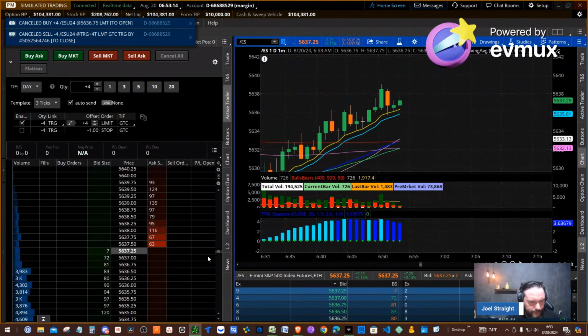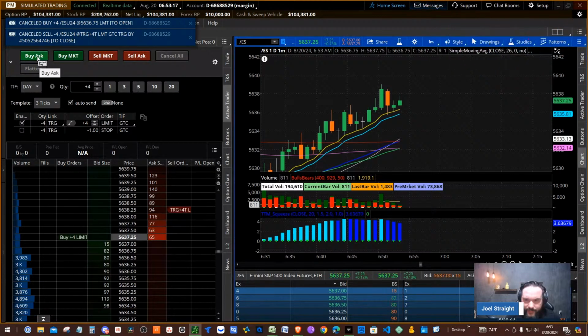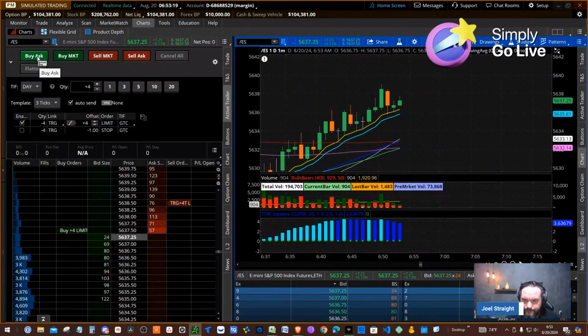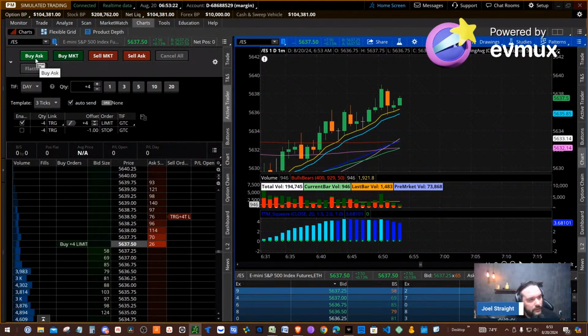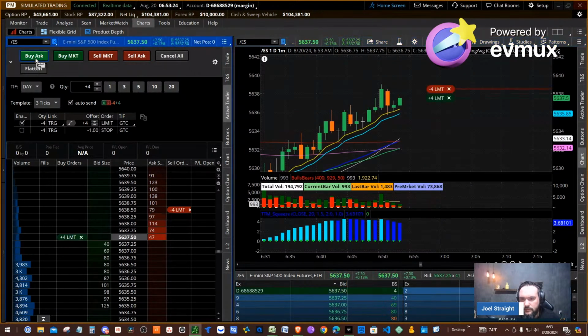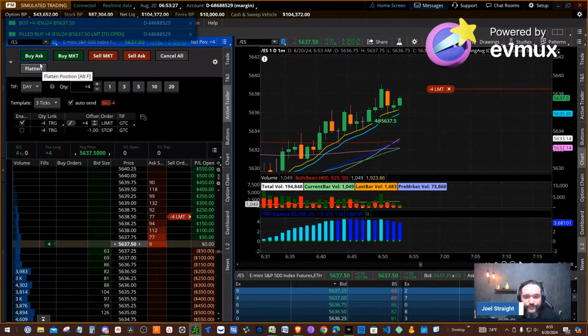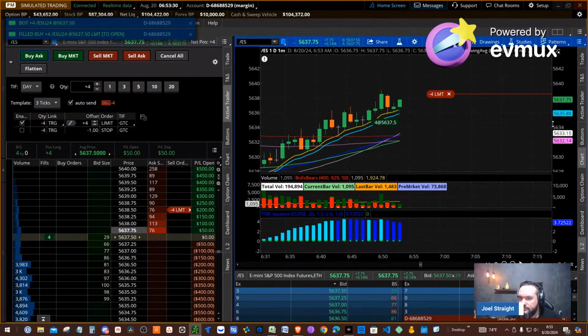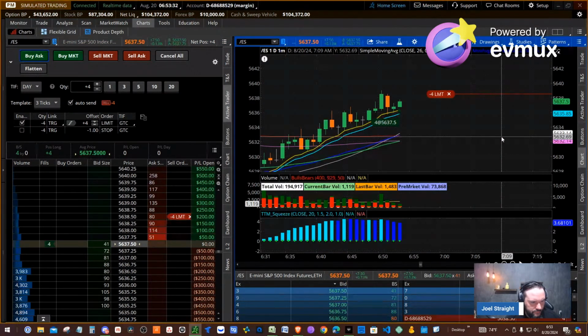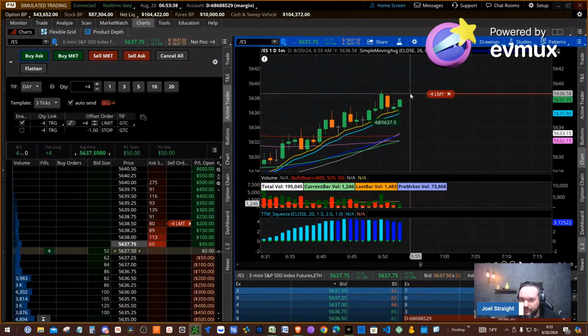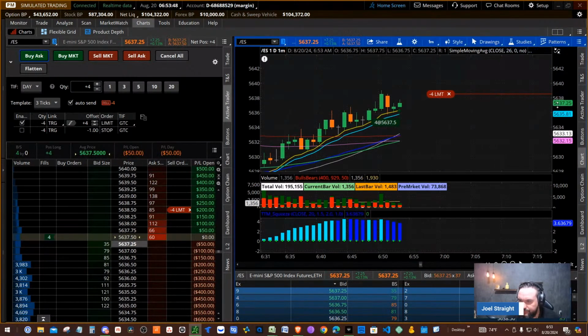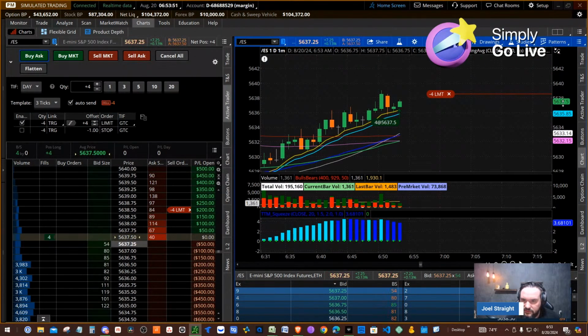Missed it. Looking for a retest of this high. Kind of looks like we might fall back down to VWAP, but we'll see.